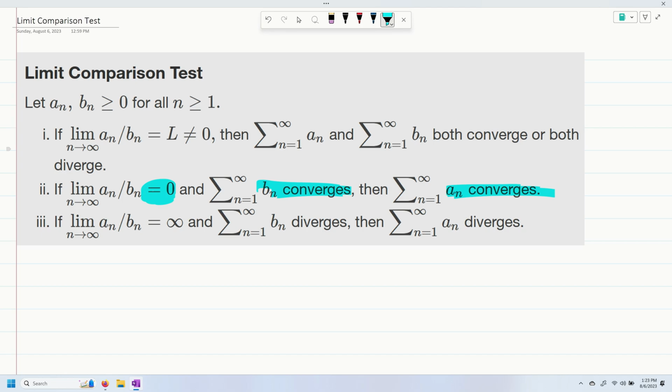And finally, 3, if it equals infinity and b sub n diverges, then a sub n diverges.